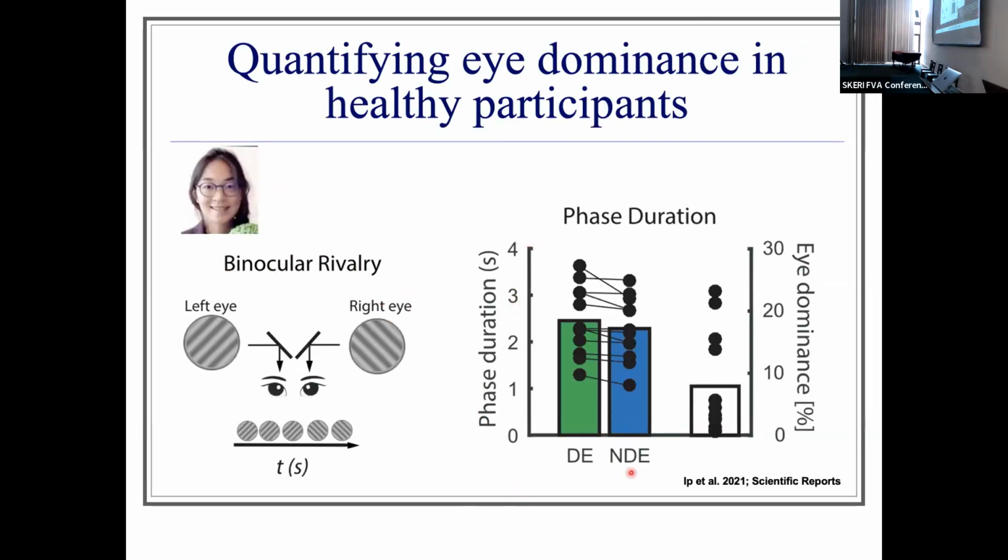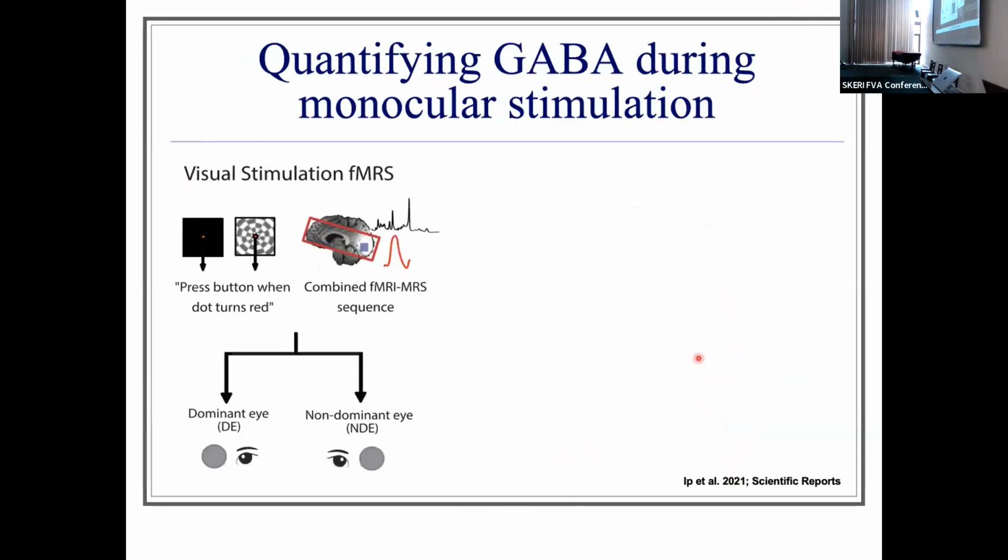So what you can see here is the amount of time that participants perceive through their dominant versus non-dominant eye. And you can see actually these people are quite well balanced. So in terms of the difference in the eye dominance, it's actually relatively small apart from these ones up here.